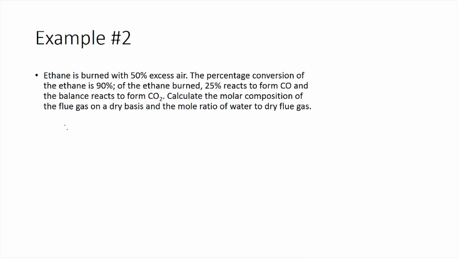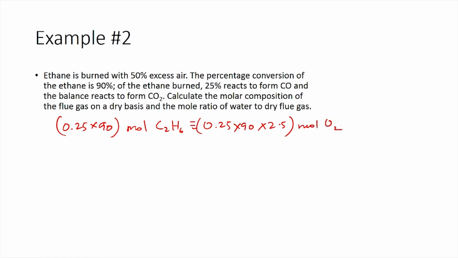We know that 0.25 times 90 moles of ethane went into partial combustion, which means 0.25 times 90 times 2.5 moles of oxygen was consumed in the partial combustion reaction.